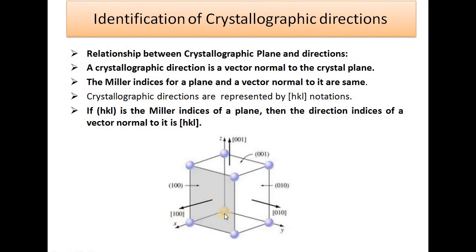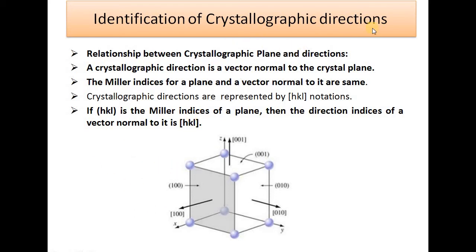As we can see in the figure, this plane has Miller indices 100 enclosed in parentheses. Now this plane has a vector normal to it, which has Miller indices 100 enclosed in square brackets, and this is representing the crystallographic direction. This crystallographic direction is perpendicular to the plane having the same Miller indices.